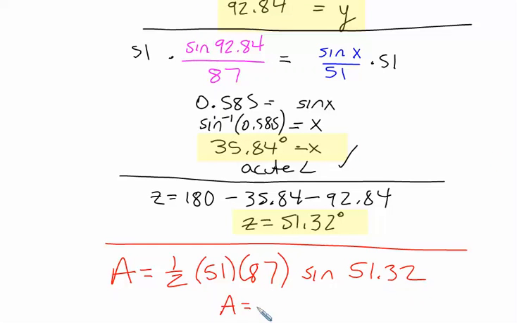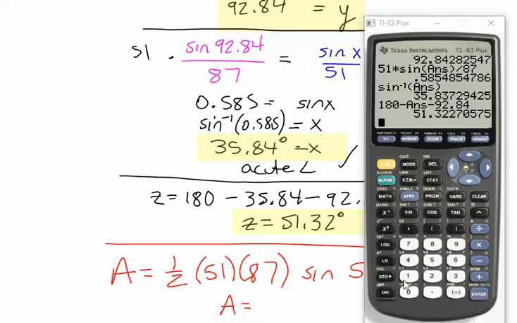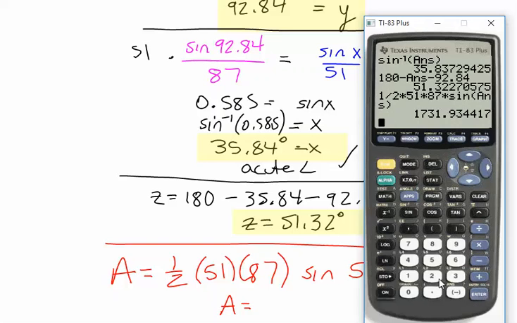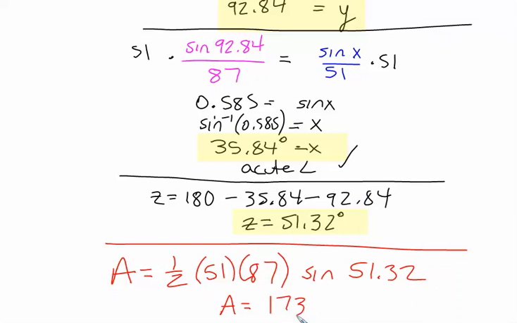It's a really quick way to calculate the area, and we'll take 1/2 times the 51 times the 87 times the sine of that z, which was our previous answer. And we're getting 1731.93. That would be the area.